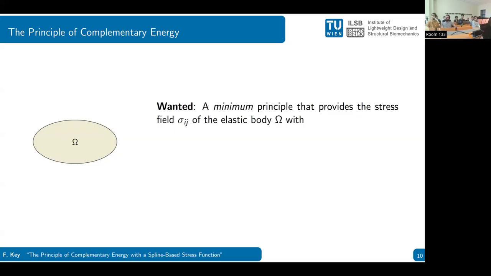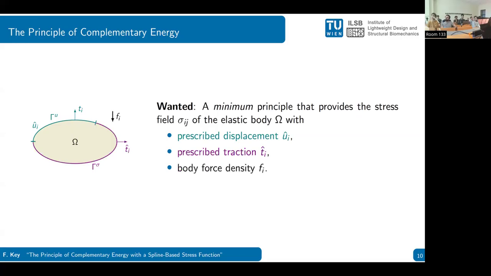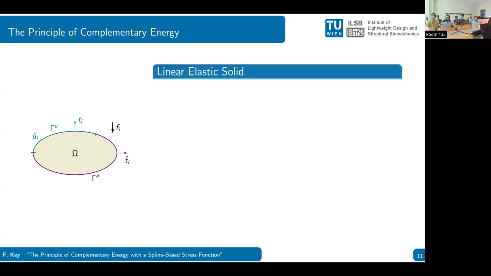But now we're interested really in a minimum principle that provides the stress field sigma_ij of this elastic body omega, where we have some portion of the boundary where we prescribe the displacements, and some portion where we prescribe the tractions. And as before, we have this body force density phi.